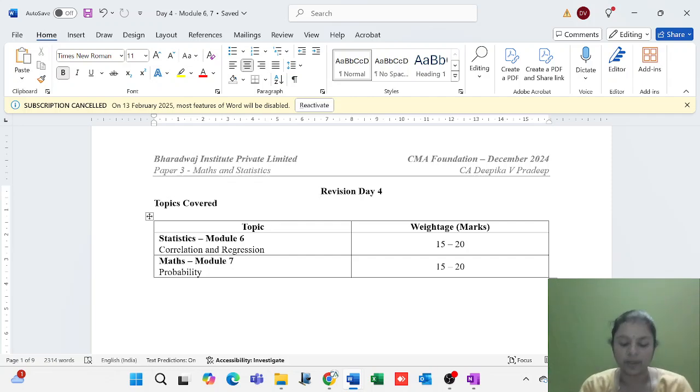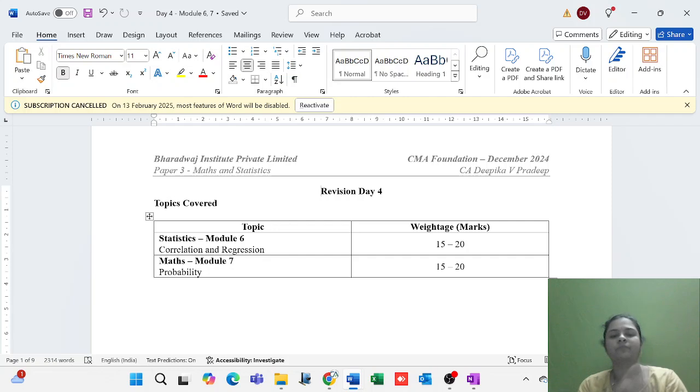Now, when you look at both of these chapters, the weightage is about 15 marks on an average. I would say somewhere between 7 to 9 questions approximately, or rather 6 to 9 questions per chapter, are asked from these two chapters.